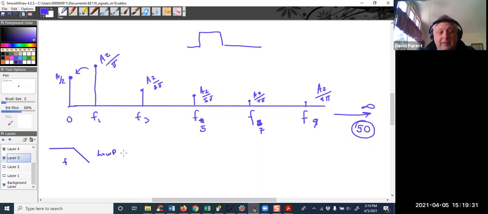That's low pass. That's high pass. Band pass.